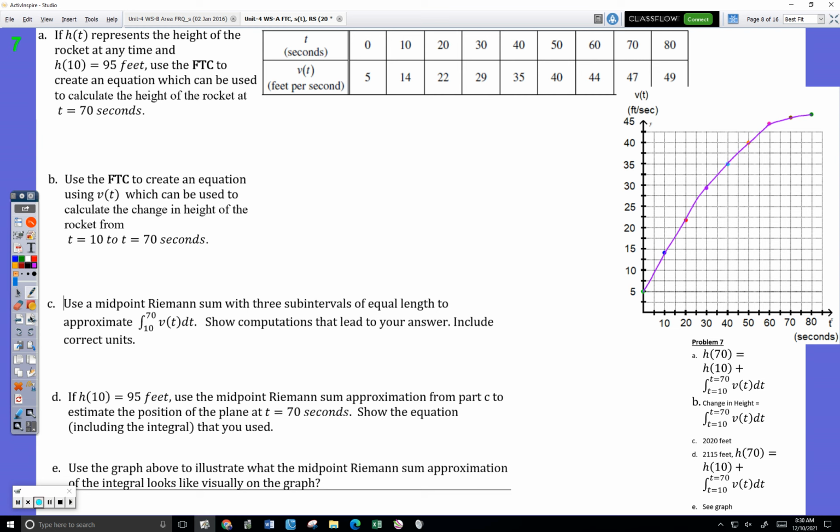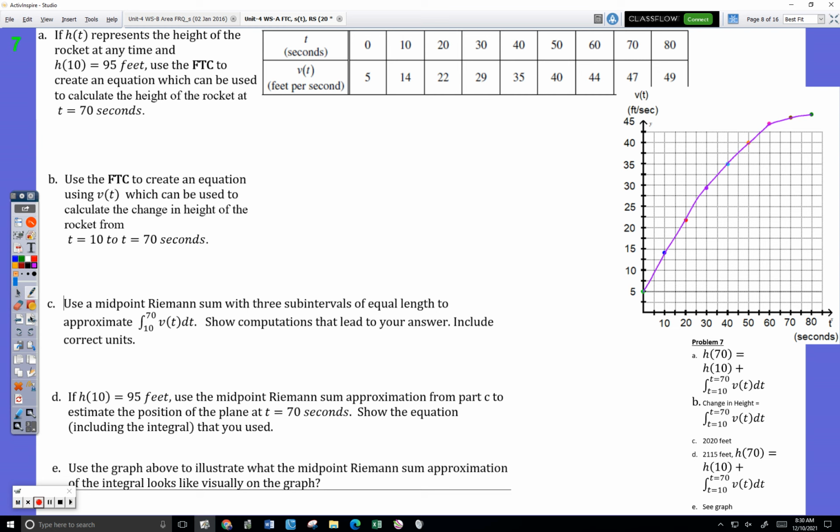Raise your hand if you know the answer to A. Go. Just work it. Raise your hand when you have the answer to A. Please note that in A, you're not supposed to calculate anything.